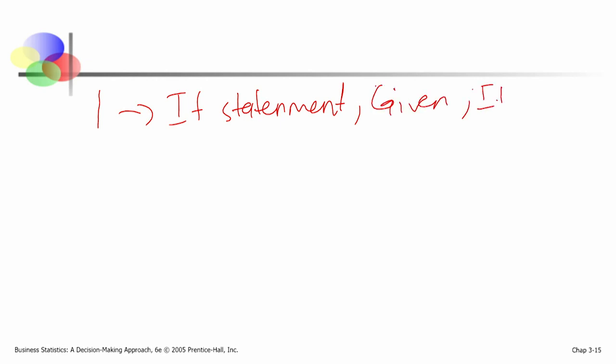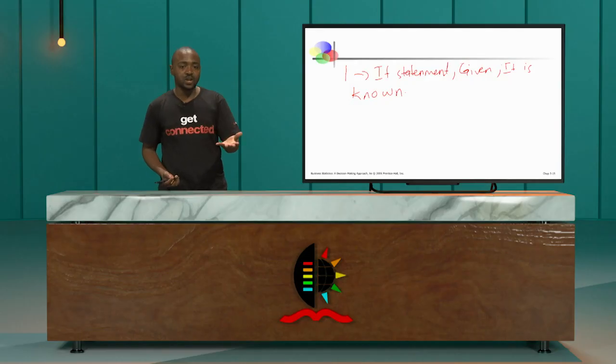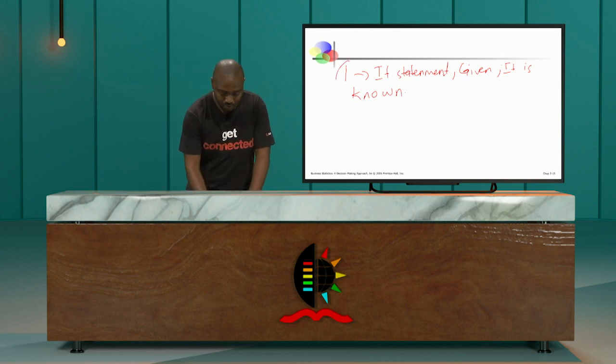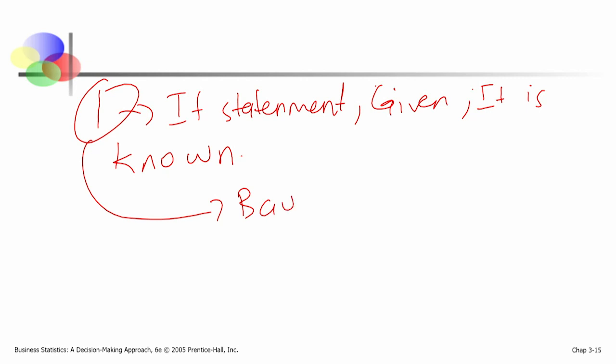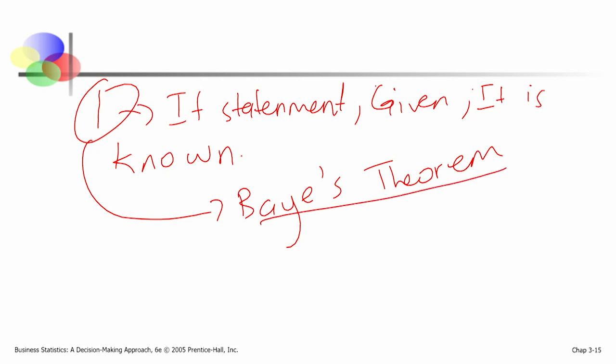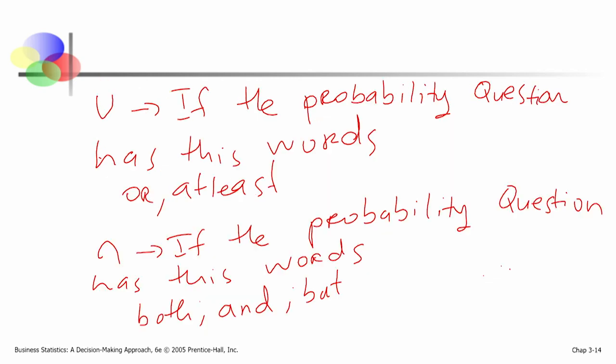If the probability question has the words "if", or "it is given", or "it is known", then you need to use conditional probability, which is also part of something we'll talk about just now, Bayes' theorem.